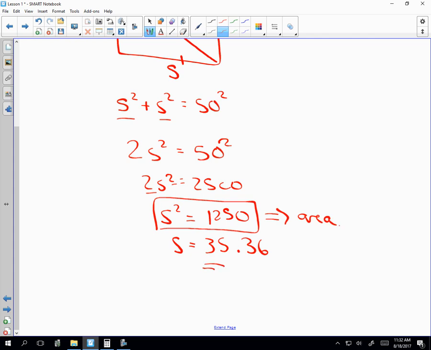So could we do our side length and square it? Yes. Our answer would not be as exact, though, because if you're using s, you're using a rounded value instead of the s squared, which is the true area of that shape.